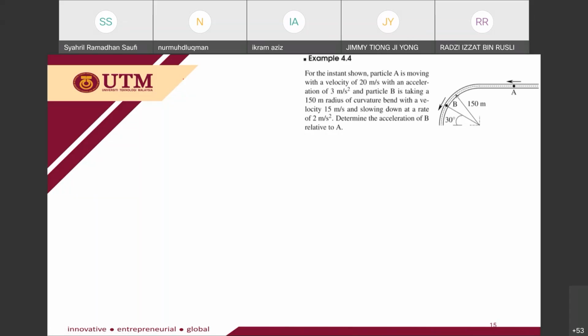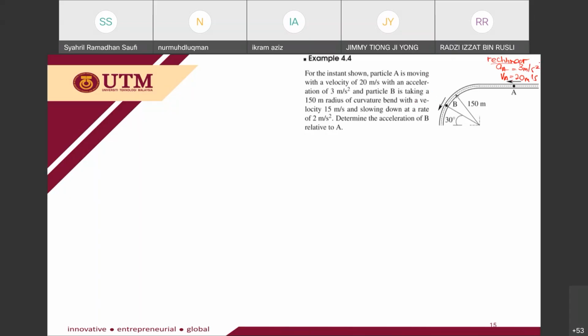So here you have the information: velocity of A, VA, is equal to 20 meter per second, and acceleration of A is equal to 3 meter per second squared. So for A, it is rectilinear motion.